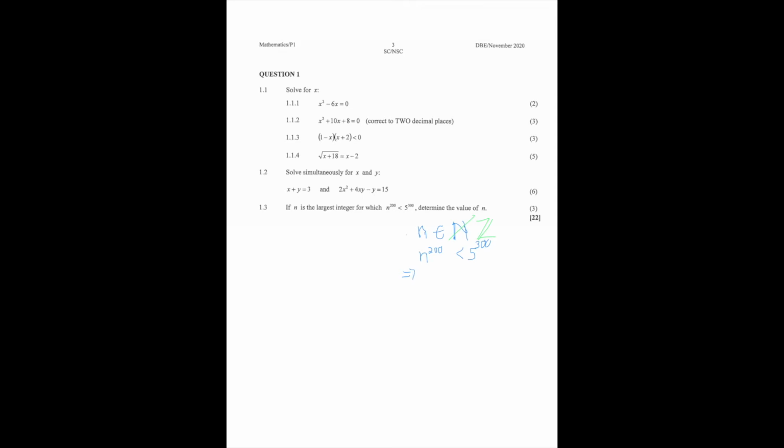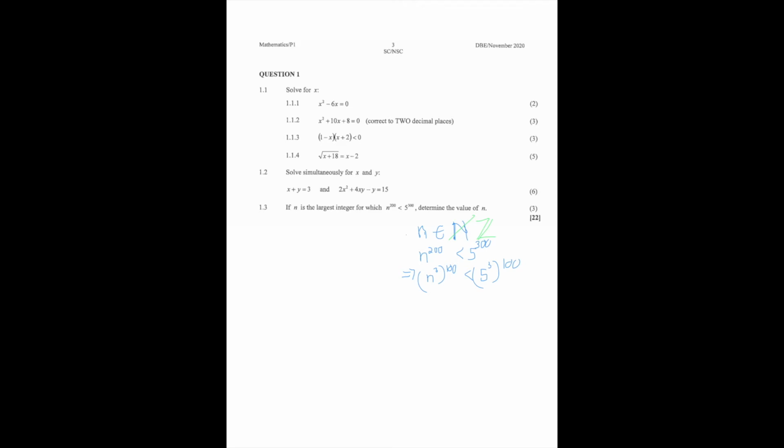We can rearrange this and say n squared to the power of 100 is less than 5 cubed to the power of 100, right? So we get both the left and the right hand side to the same power of 100.